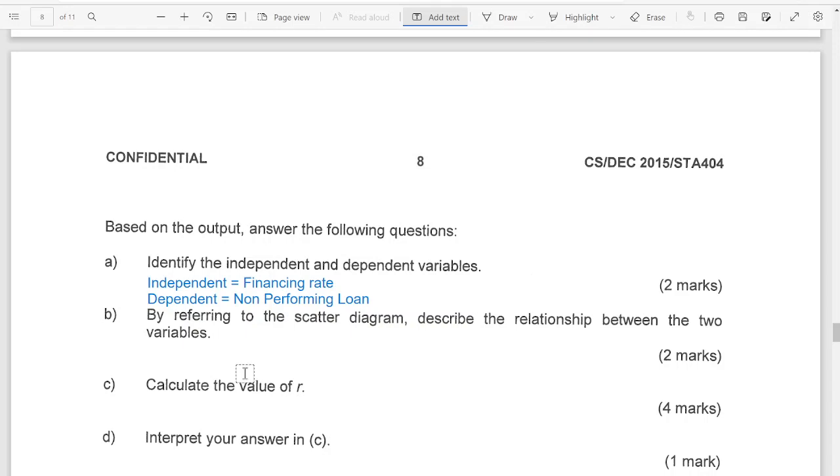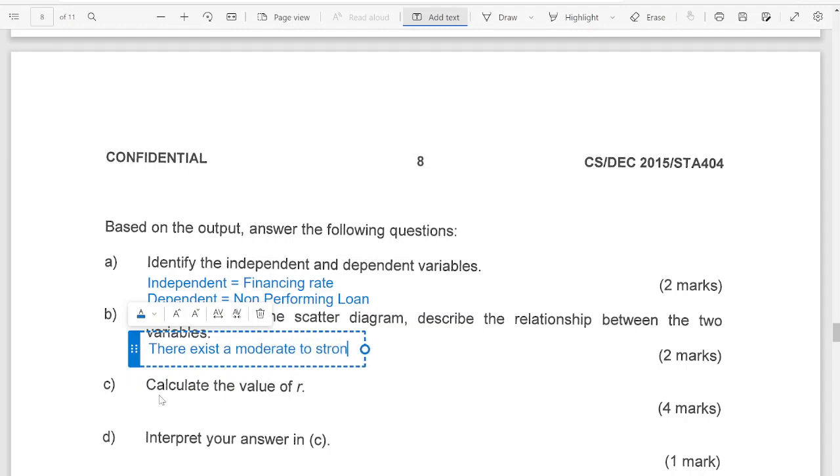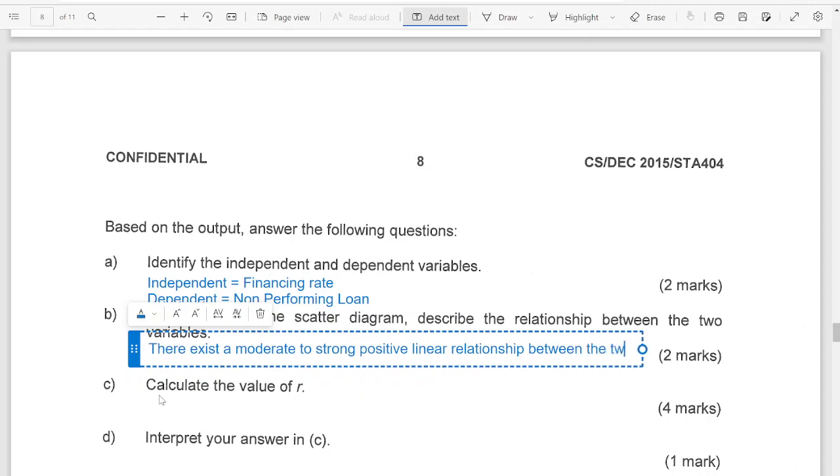So tadi saya terangkan kan. So by looking at the scatter diagram, you can see that there exists a positive linear relationship. So what you can say here, describe the relationship. So you just can say here that there exists a moderate to strong positive linear relationship between the two variables.